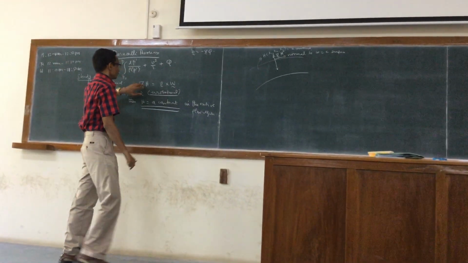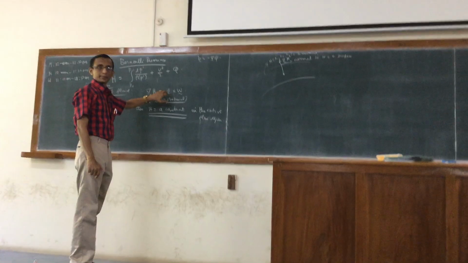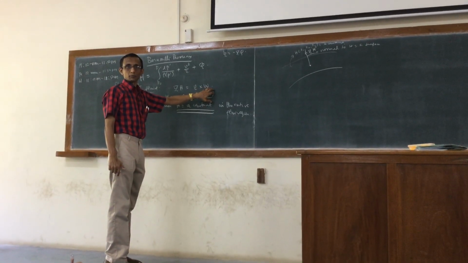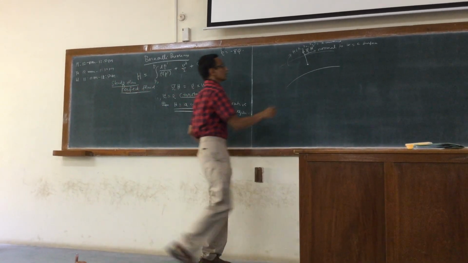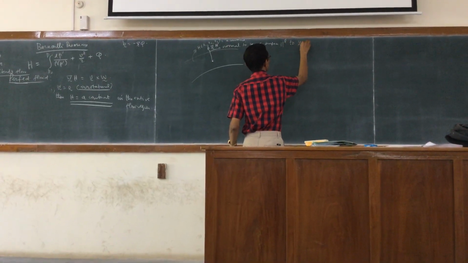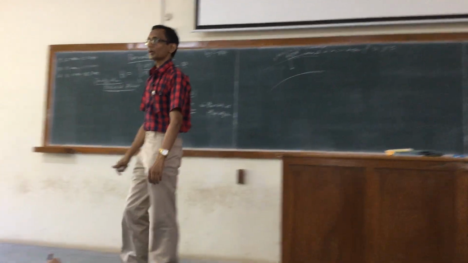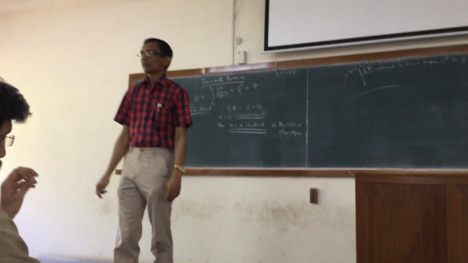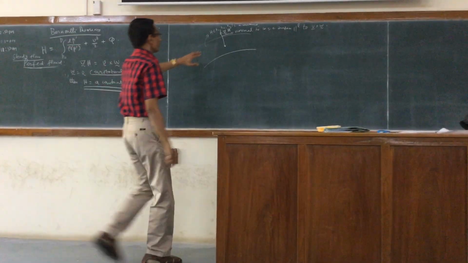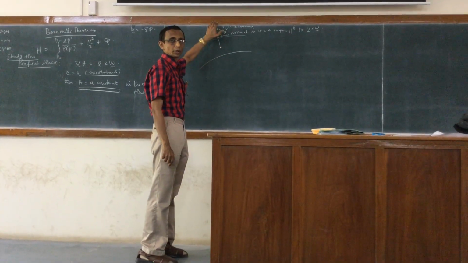What we are given is that the gradient of H at any point is given by V cross W, so the normal is also parallel to V cross W.